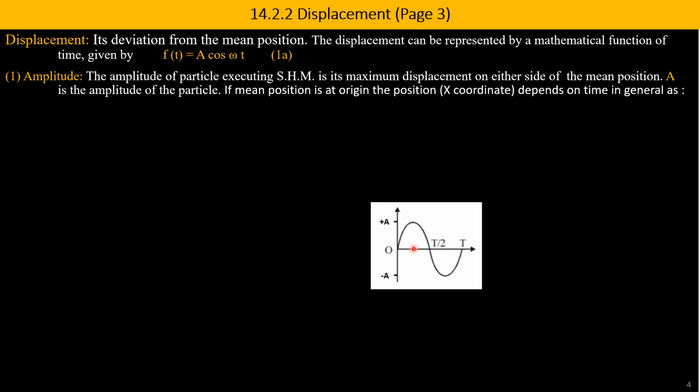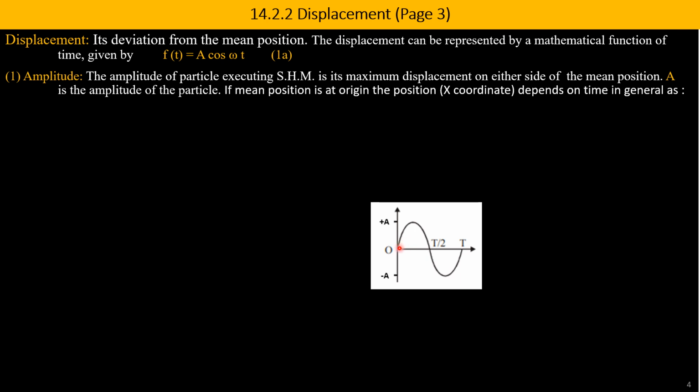The mean position is along the x-axis and the amplitude varies maximum and minimum across the mean position. Thus, amplitude of a particle executing simple harmonic motion is its maximum displacement plus A or minus A on either side of the mean position. Capital A is the amplitude of the particle.